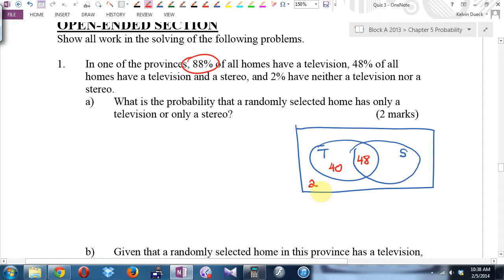What do these have to add to? 100? What goes right here then? Now I've got it set up. Now I can answer the question. What's the probability that a randomly selected home has only a TV or only a stereo, but not both?